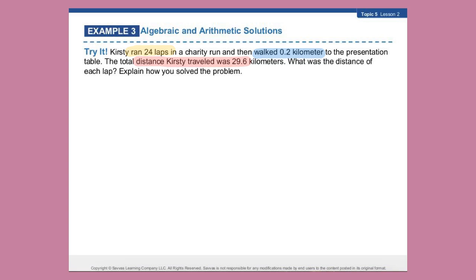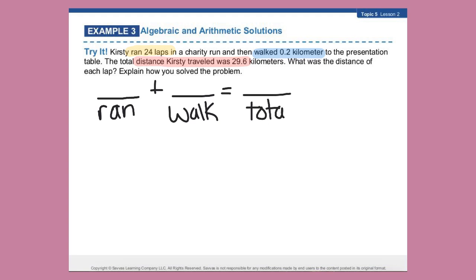Okay, so I'm thinking that we're going to have her running plus her walking is going to give us the total. Now, some of those I can go ahead and fill in.